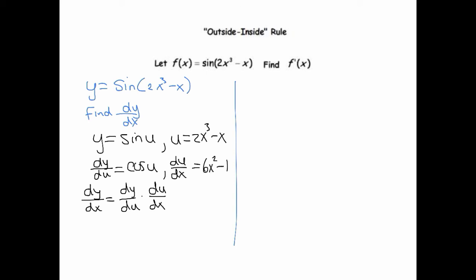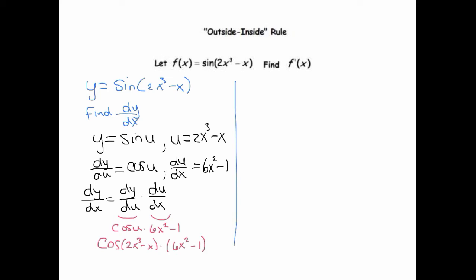And we make those substitutions. Dy du is cosine of u times du dx, which is 6x squared minus 1. And cosine of u, since we want to write this in terms of x, u is 2x cubed minus x, so it's the cosine of 2x cubed minus x times 6x squared minus 1. And there's the chain rule.